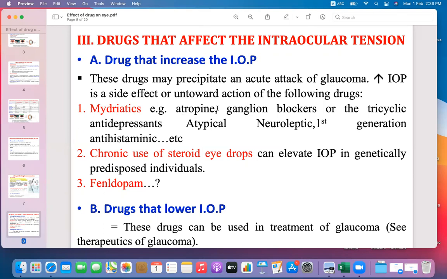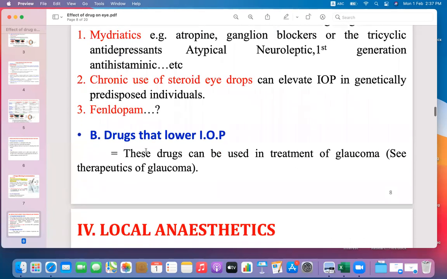So this drug should be avoided. Atropine, its derivatives, tricyclic antidepressants, neuroleptics, first generation antihistaminics, chronic use of steroid eye drops, and fenoldopam may lead to increased intraocular pressure and glaucoma. And drugs that lower the intraocular pressure we will discuss in the therapeutics of glaucoma.